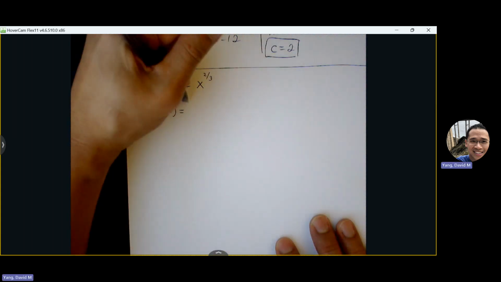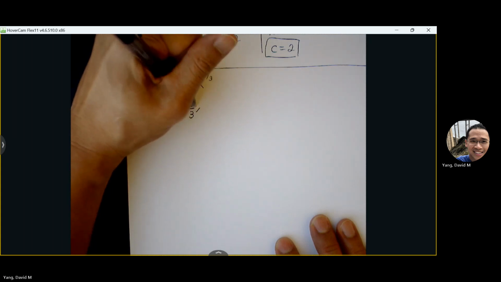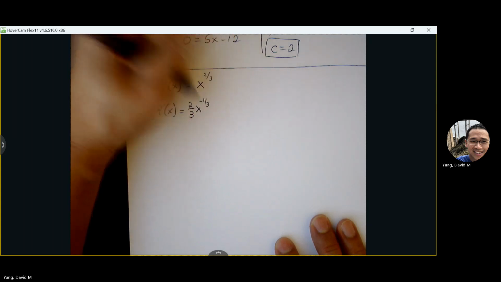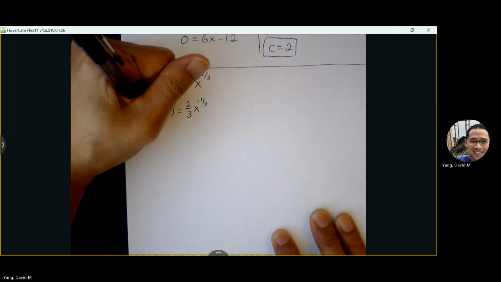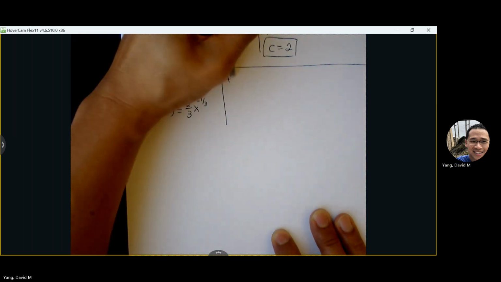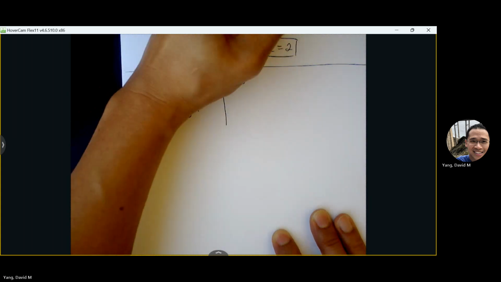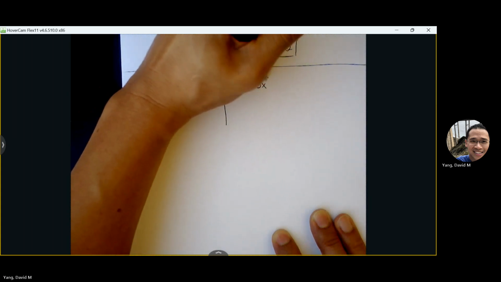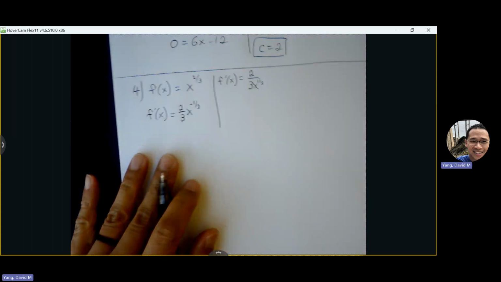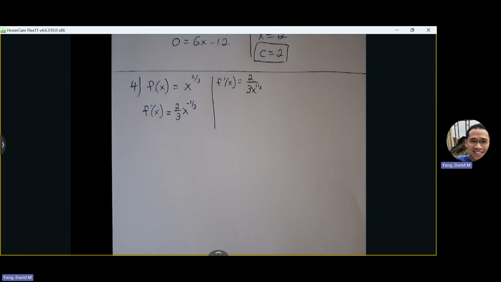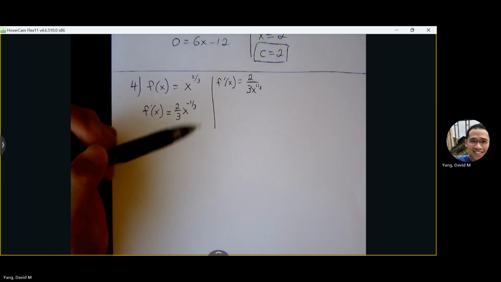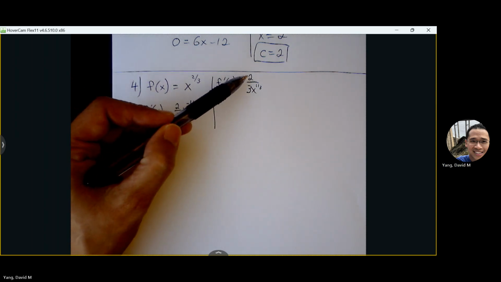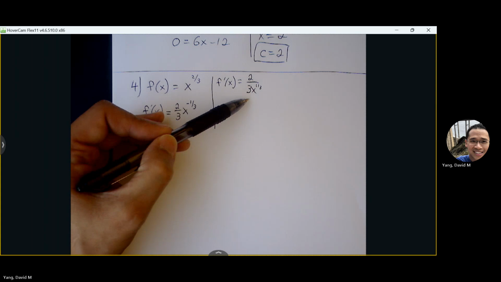Okay, power rule. Let's do some cleanup here. So if I have my derivative, where do I look for critical points in general? Numerator and denominator, right?